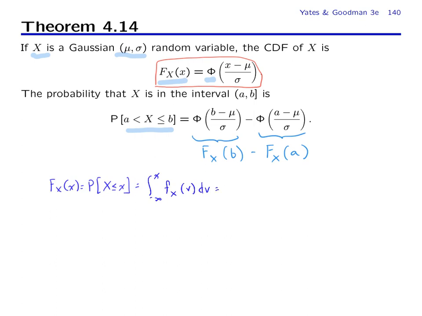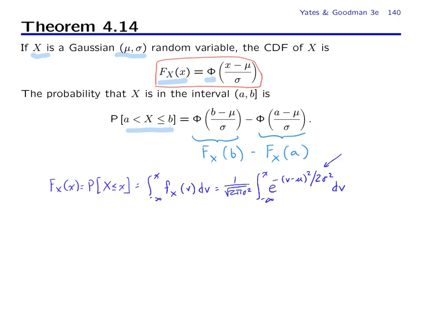When we plug in the PDF of x, we get 1 over square root of 2 pi sigma squared integral minus infinity to x e to the minus (v minus mu) squared over 2 sigma squared dv.